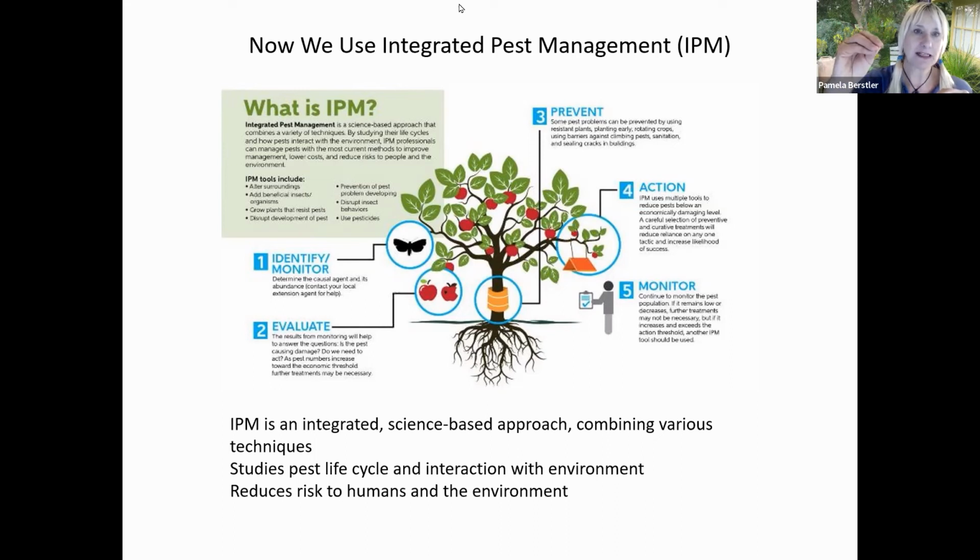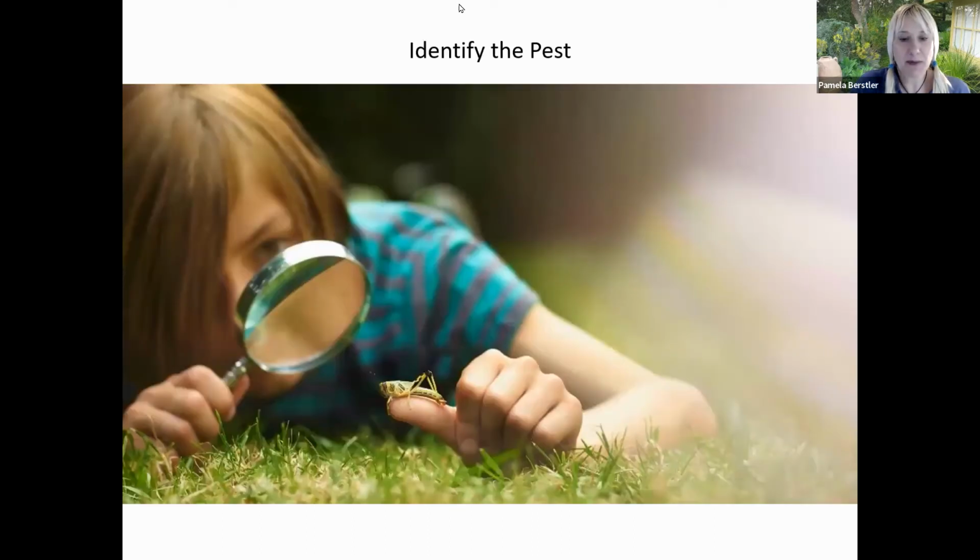The application of herbicides and so forth is actually the lowest option, or highest option, I don't know, it's the last option. There are many other things that you can do before that. And then, of course, monitoring the effects of the program that you've decided to integrate. So integrated pest management is the way that we reduce the risk to humans for managing pests.